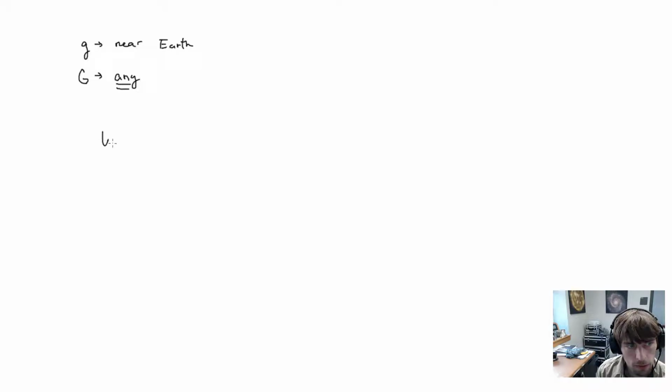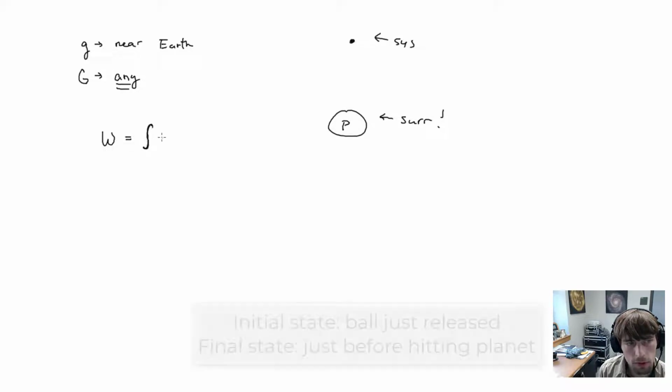Let's say I have a ball and I'm dropping it towards a planet. So the work, and I'll say this is my system, here's my surroundings. Here we'd have to use the full-blown definition since we're dealing with a varying force.